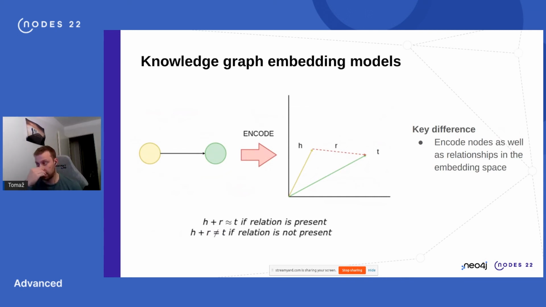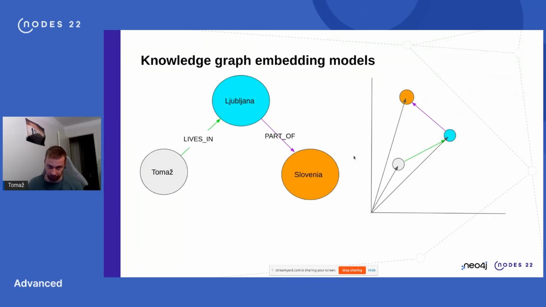So what then happens is that you need to use knowledge graph embedding models, which are a small step up from node embedding models, where you encode both the nodes and also relationship types, right? As you can see, before with the node embedding models you encoded only nodes, but now you encode both nodes and relationship types. Here I've given a simple example: Tomaz, that's me, I live in Ljubljana, and Ljubljana is part of Slovenia. So you've got 3 different node types and 2 different relationship types, right?